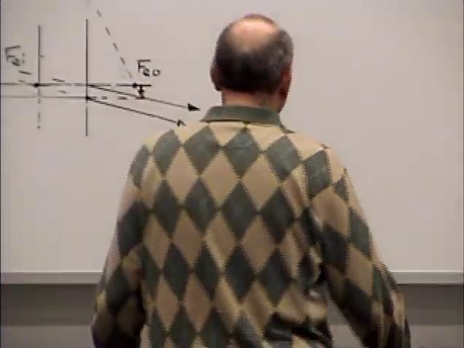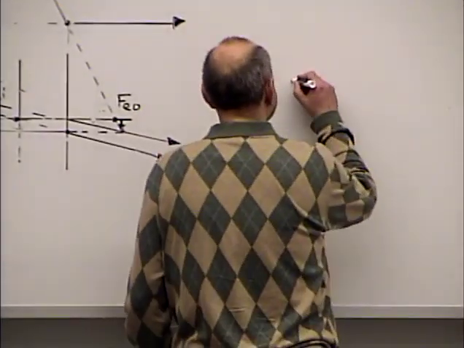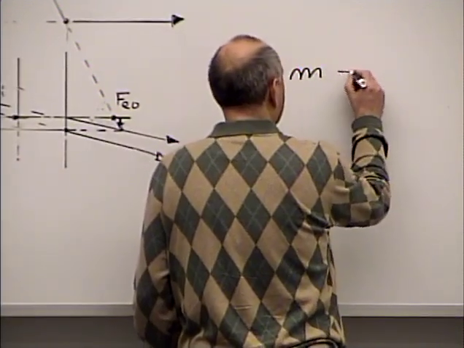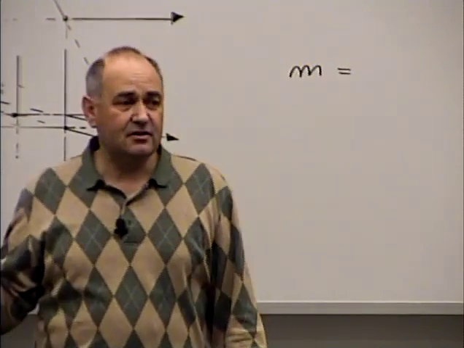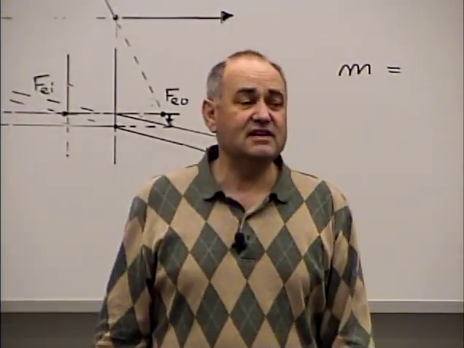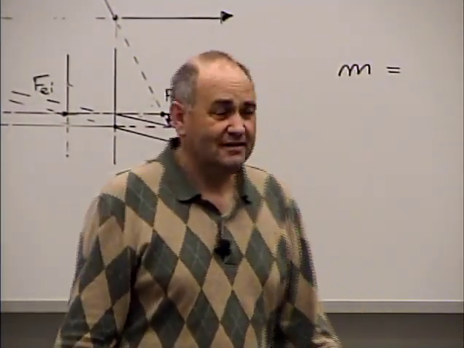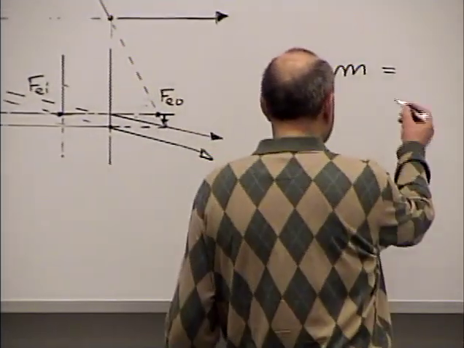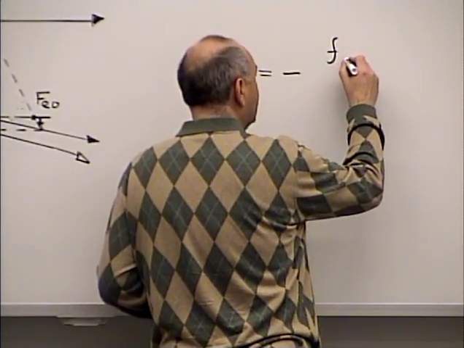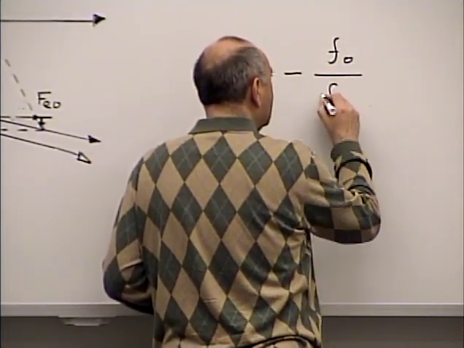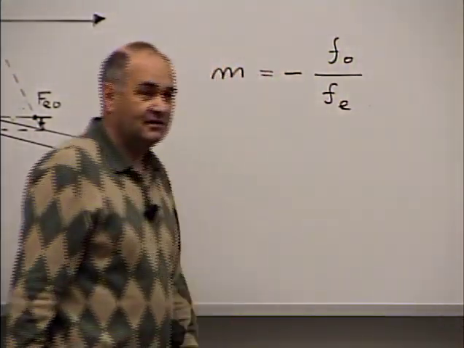If we look at the magnification of a telescope, a Keplerian telescope, binoculars are still almost like a Keplerian telescope. Magnification is equal to the ratio of the focal lengths of the objective and eyepiece.